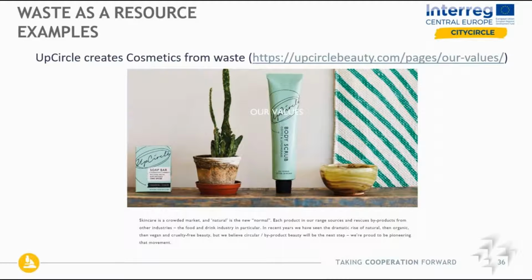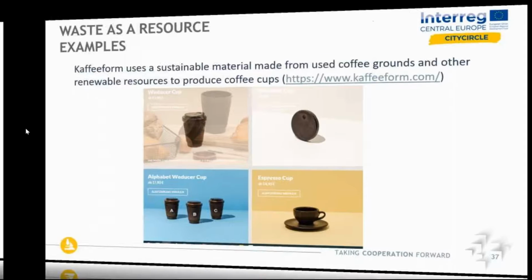Waste as a resource, an example which is more for the customer. Upcircle creates cosmetics from waste. You can have a look on their homepage at how they are doing it and what they are using. So very different models.